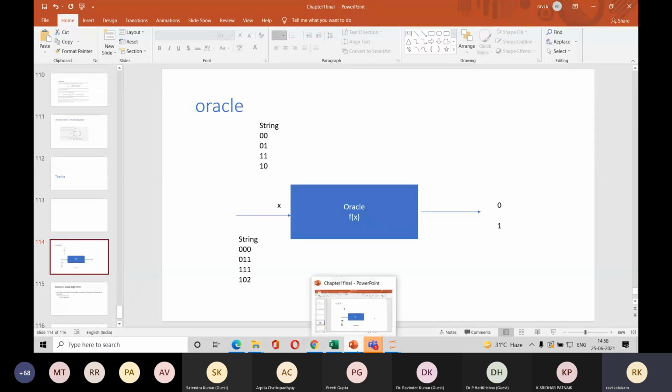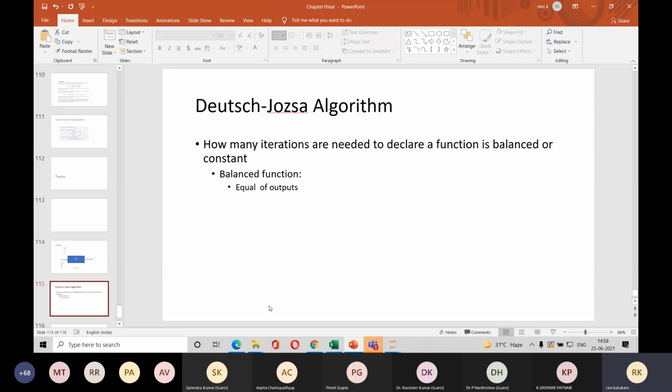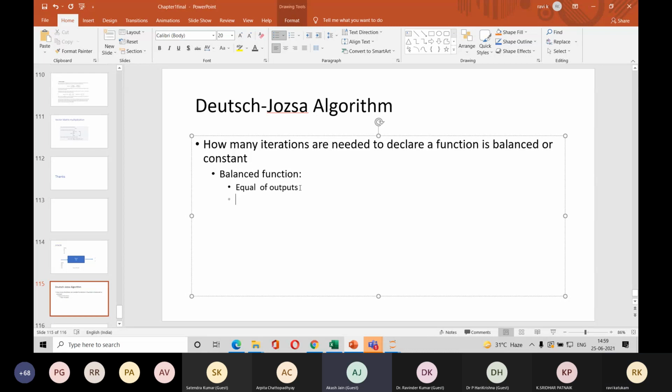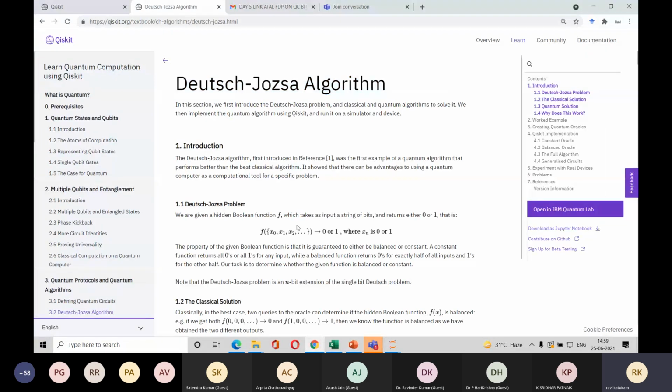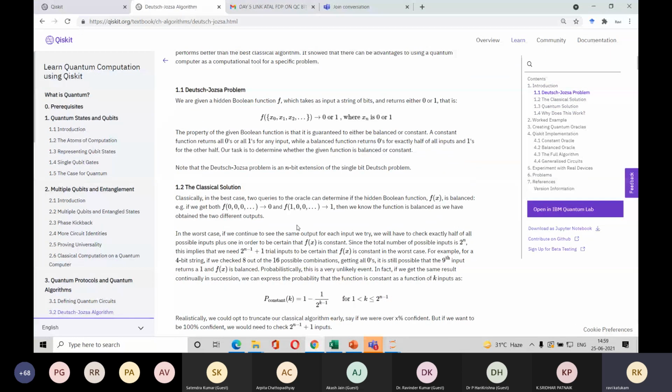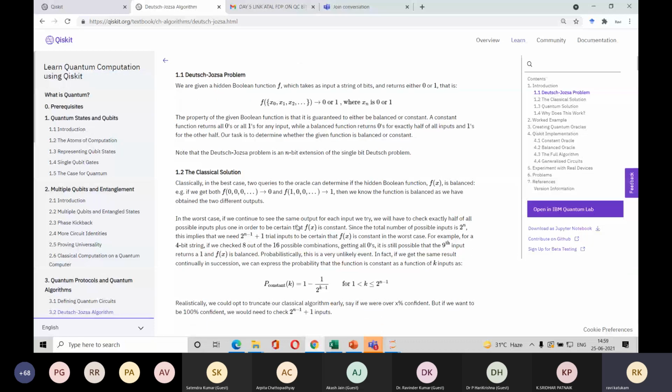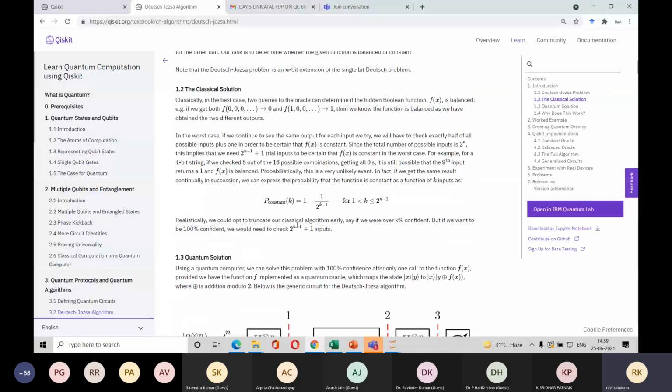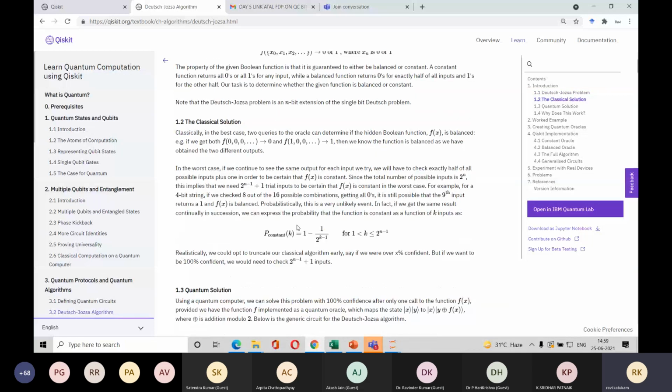You want to declare whether a function is constant or balanced. So here in this problem, the classical solution, this wording is important.